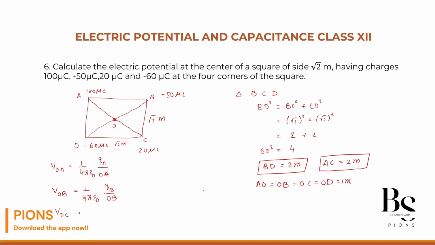VOC, 1 by 4 pi epsilon naught, charge at C upon OC. Finally, potential at O due to D will be 1 by 4 pi epsilon naught, charge at D upon OD or DO, whatever you want to write. Clear? Great. What should be the net potential?